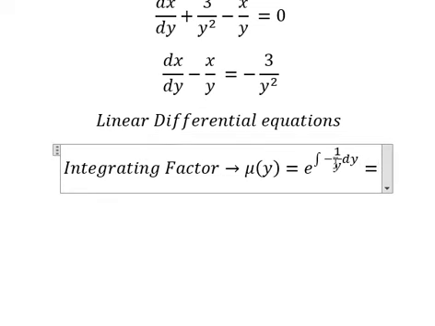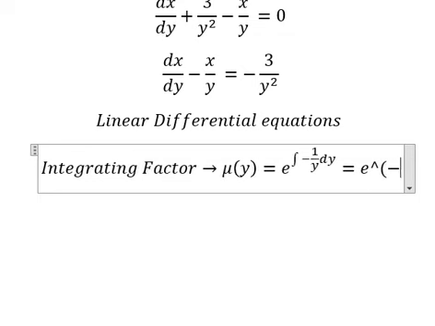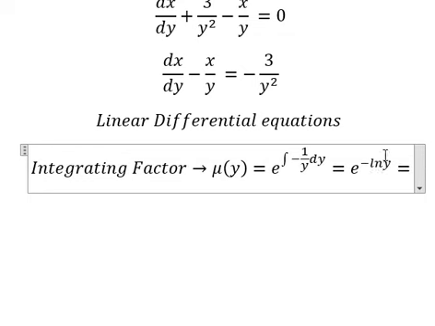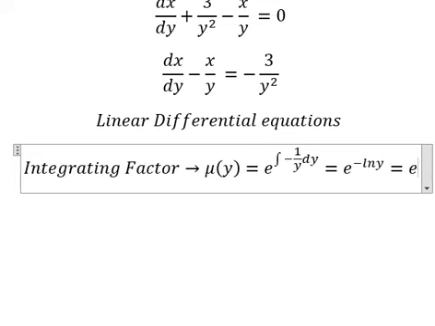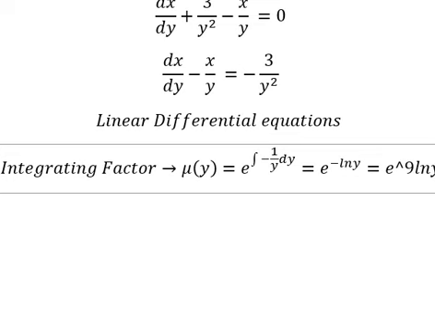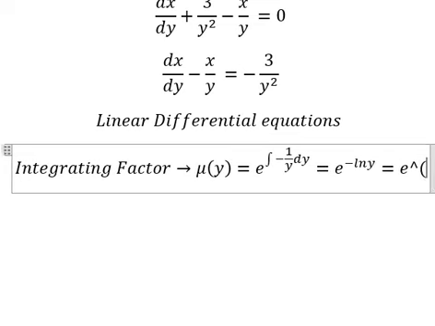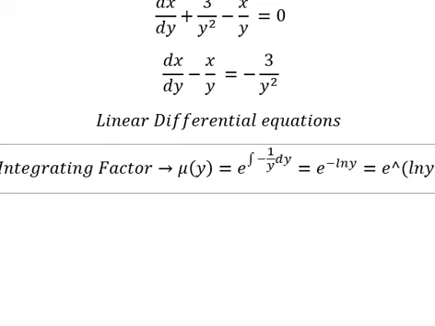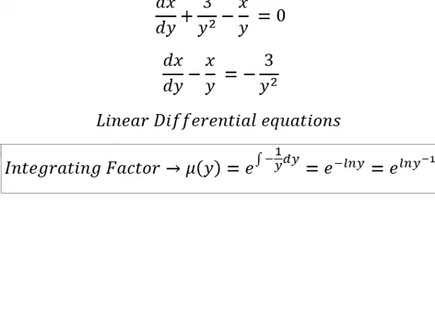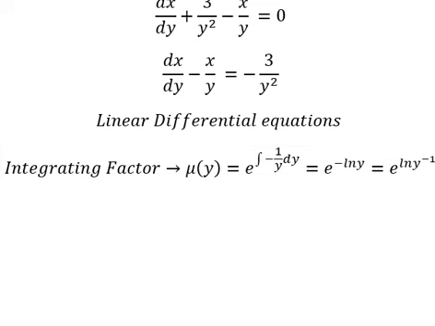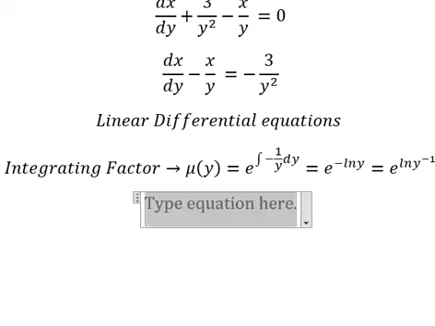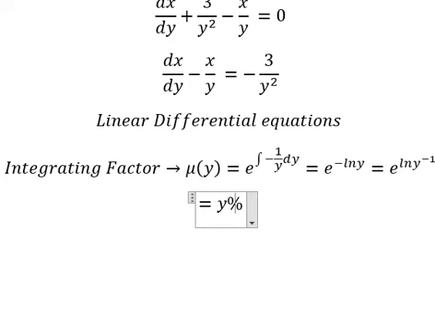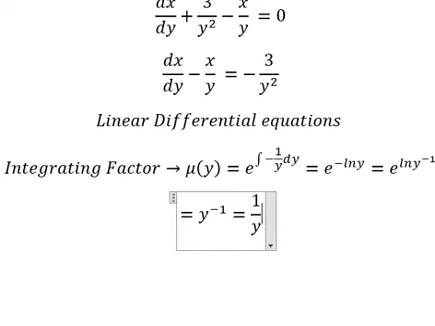The integration of this one, we have e to the power of negative integral of 1 over y dy, and the negative will go inside the natural log in here. And now we simplify it, and that is y to the power of negative 1, which is 1 over y.